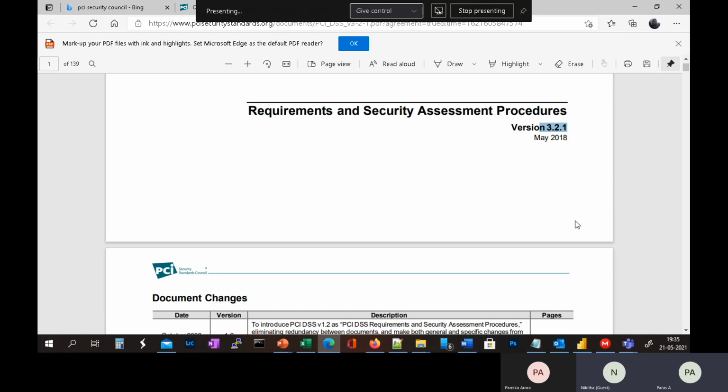In October, when version 4 comes out, that's where I have an option either to stick with 3.2.1 for another 1 year or upgrade myself immediately to version 4. But after a year, 100% you need to upgrade. Yes, absolutely. Got it.